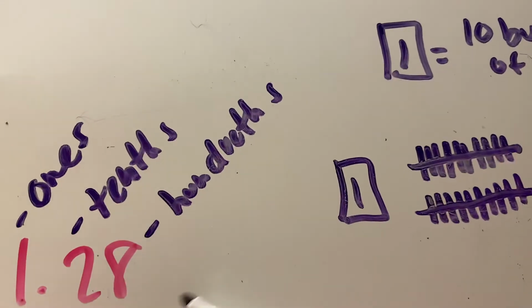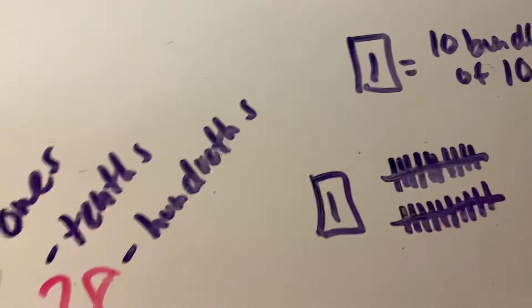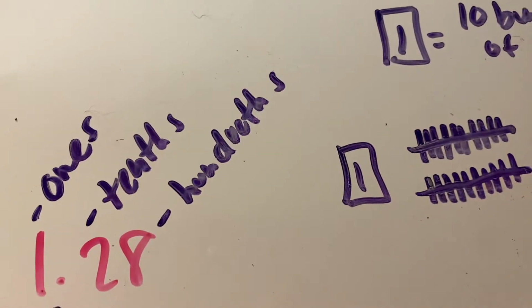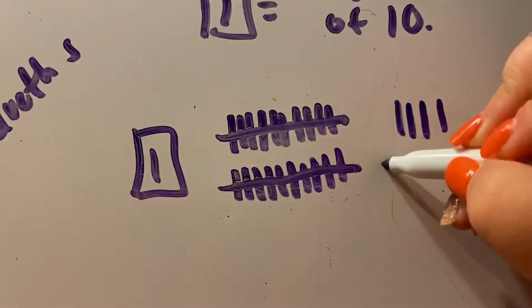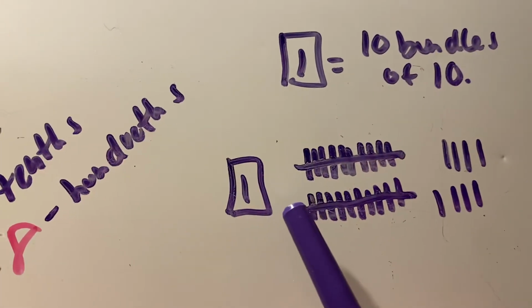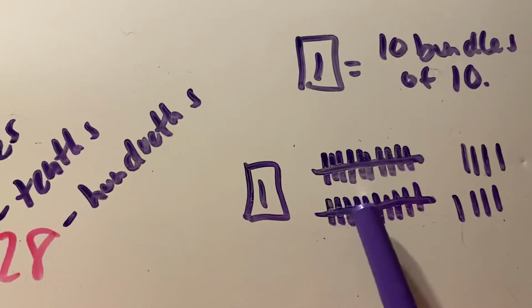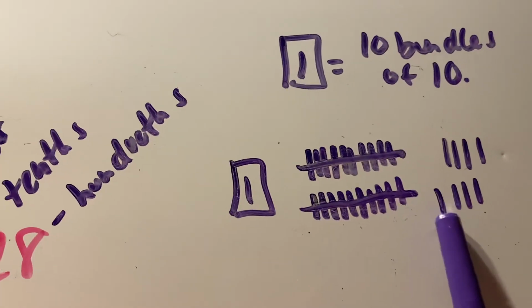And now for the 8 hundredths, it'd be like what we did up there for the 0.26. So now we just write out 1, 2, 3, 4, 5, 6, 7, 8. So this is 1.28 or 1 and 28 hundredths.